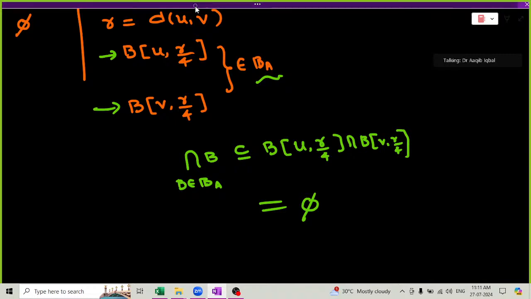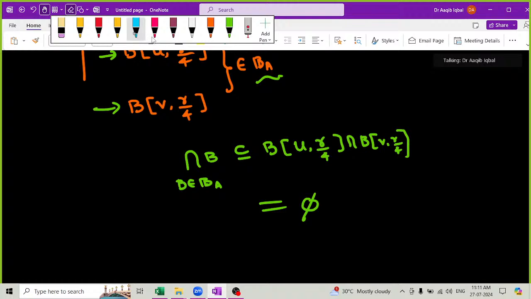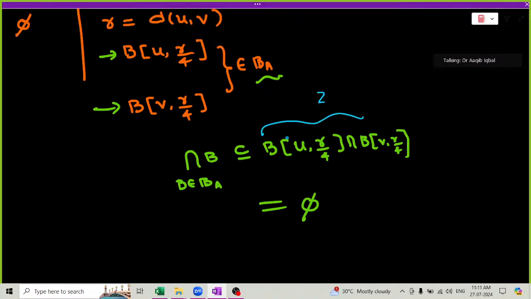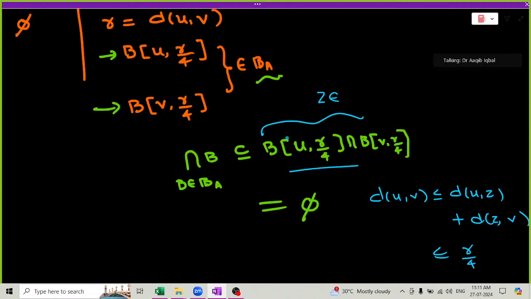ठीक है, because if there is a z which lies in the intersection, हालांकि ये मुमकिन नहीं है पर आपकी satisfaction के लिए, let's suppose that there is a z in the intersection, तो फिर क्या होगा? Distance between u and v, in the first place using triangle inequality, will be less or equal to distance between u and z plus distance between z and v. Now z lies in both the balls, so both the distances will be less than or equal to r by 4, so the sum will be less than or equal to r by 4 plus r by 4, which is r by 2.